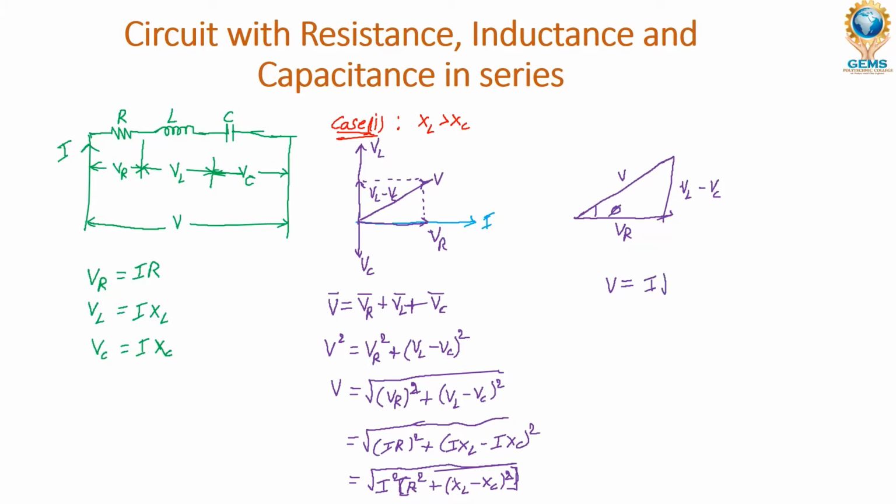V equals I times square root of R square plus (XL minus XC) whole square.